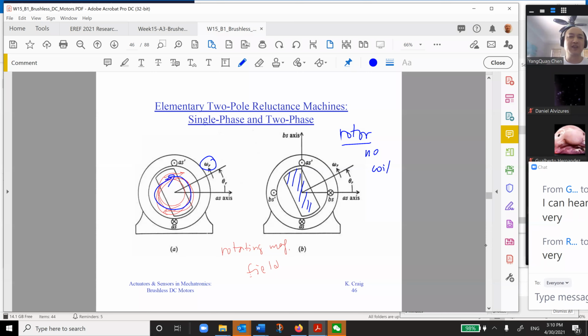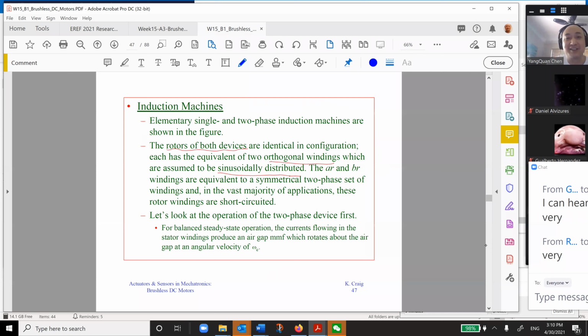But once you rotate it, your phase is also changing. So therefore, you keep moving. Then your motor starts to rotate. That rotation is because of seeking the smaller reluctance. So therefore, they call this the reluctance machine.